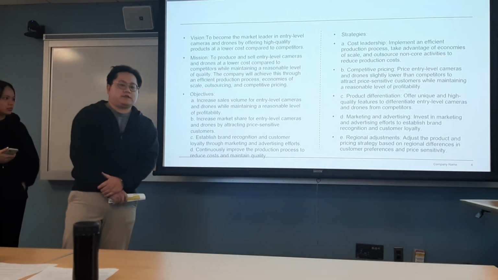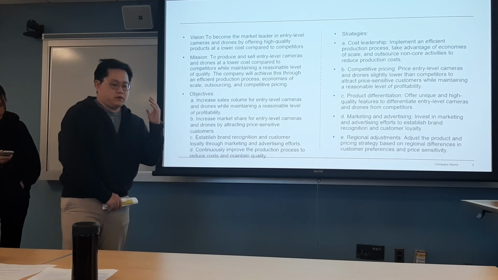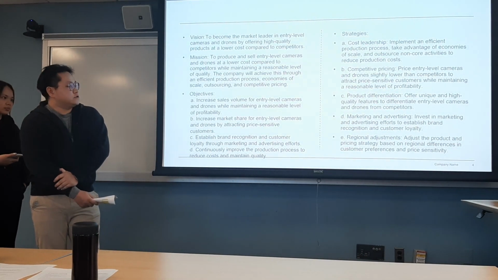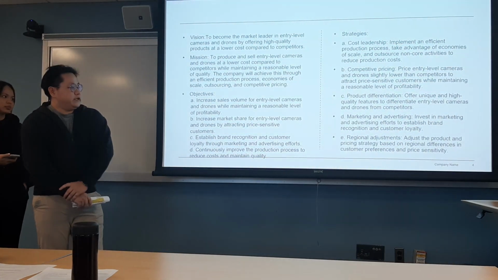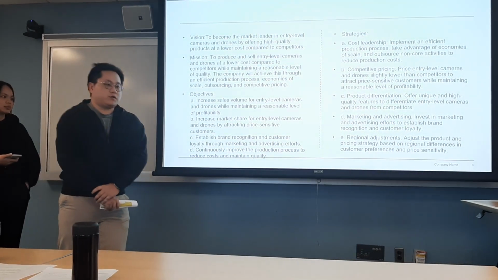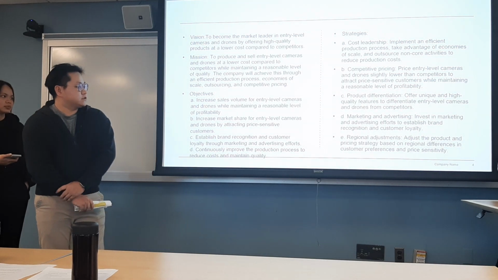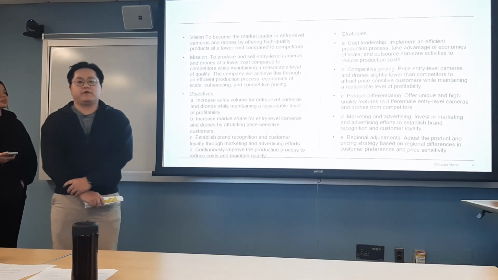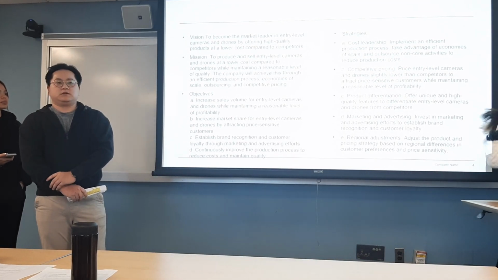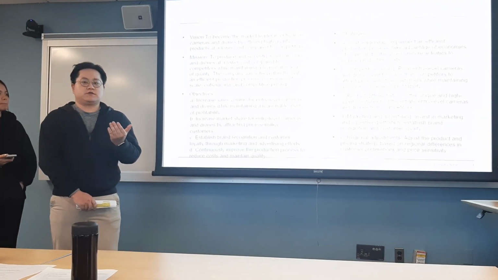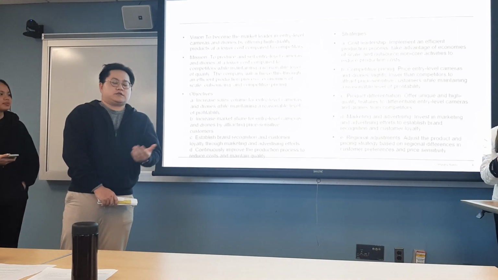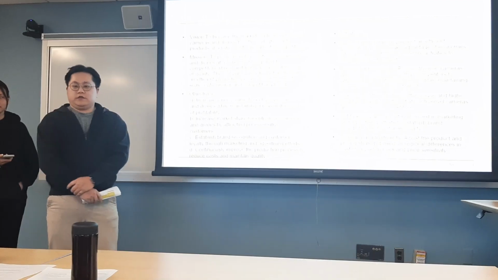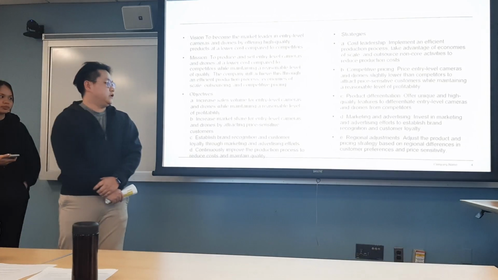We want to attract more customers to use our products, so sometimes we enhance the features of the products, and sometimes we reduce the features. The next is marketing and advertisement, because we believe we would attract more customers when we put a lot of money into that aspect. And the last one is regional adjustments.